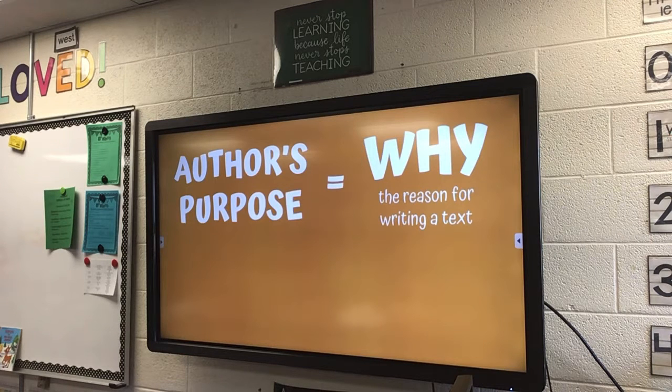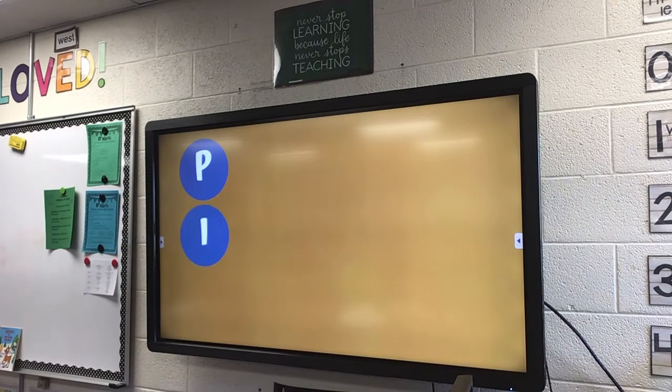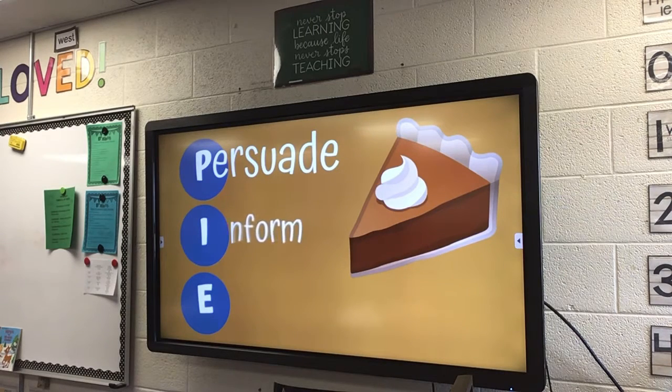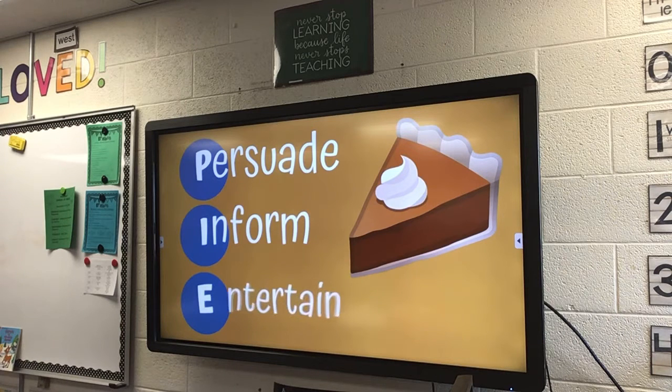We are going to use a helpful acronym so that identifying the author's purpose is as easy as pie. Pie is spelled P-I-E. P is for persuade, I is for inform, and E is for entertain. P-I-E.